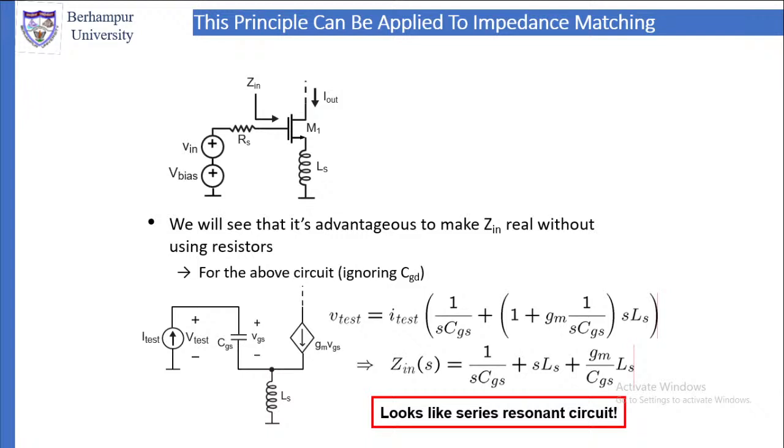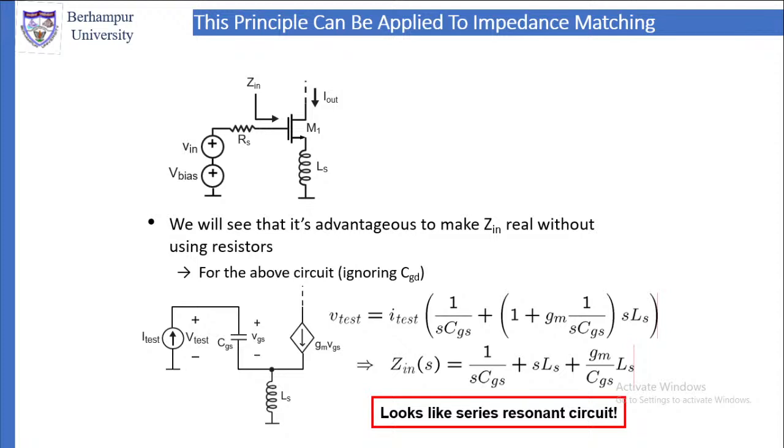Simplify this and you will find Zin S, where Zin is equal to V test by I test. Simple algebraic simplification will give you Zin S is equal to 1 by S CGS plus S LS plus GM by CGS into LS. So this shows that Zin is in this form.